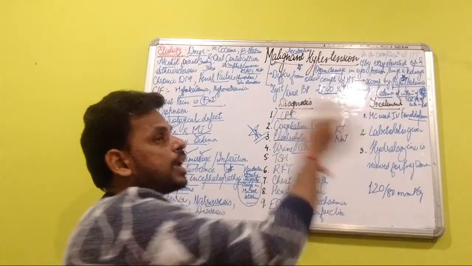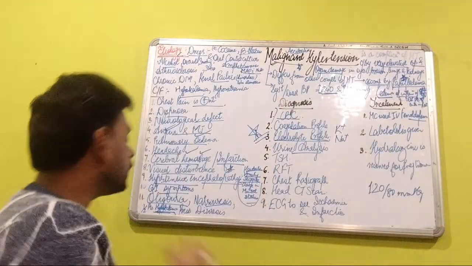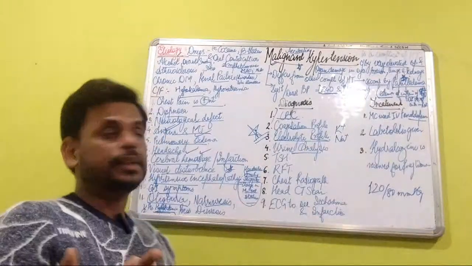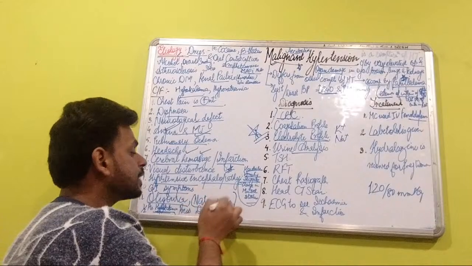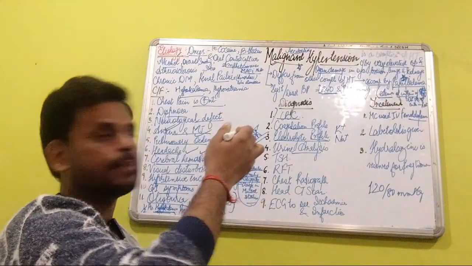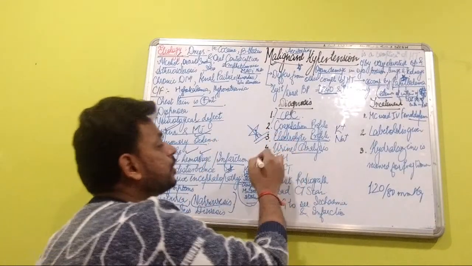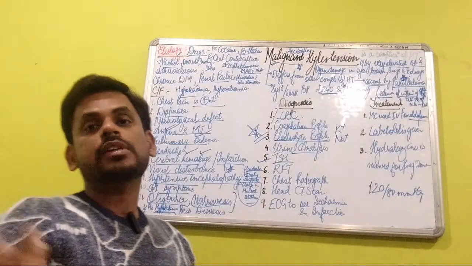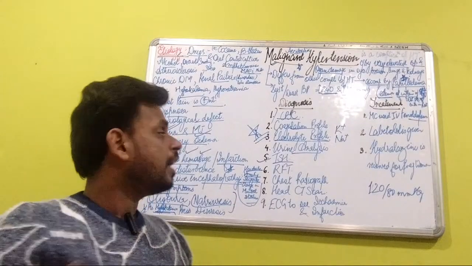Apart from this, since oliguria is there, urine analysis will be done, because the condition of natriuresis is seen in malignant hypertension. Apart from this, the doctors may advise a thyroid checkup, in case any disorders in the thyroid happen.